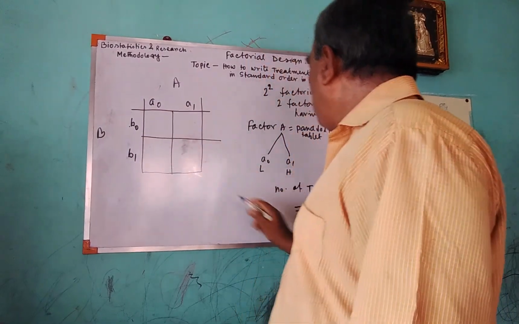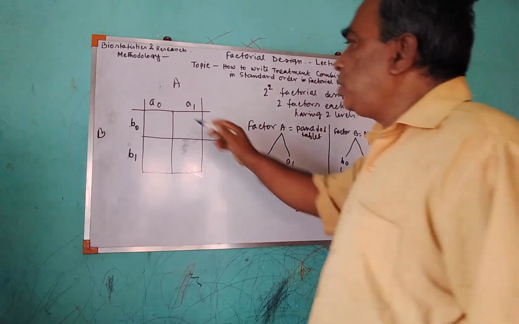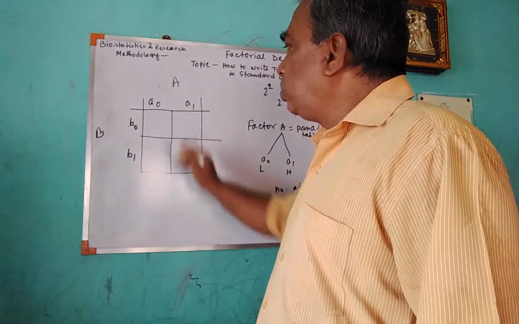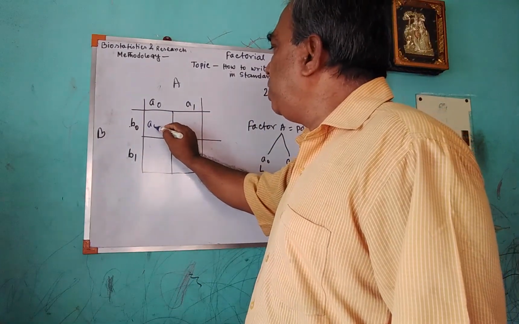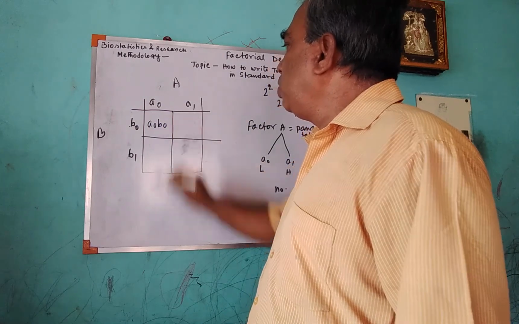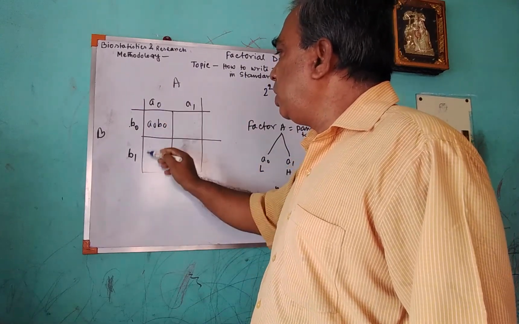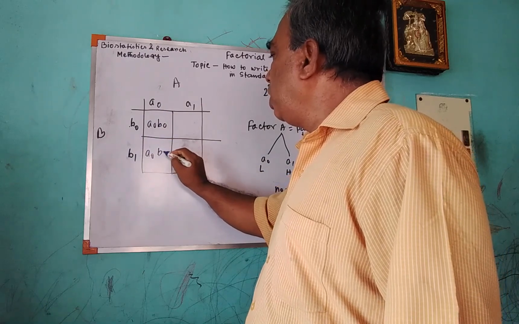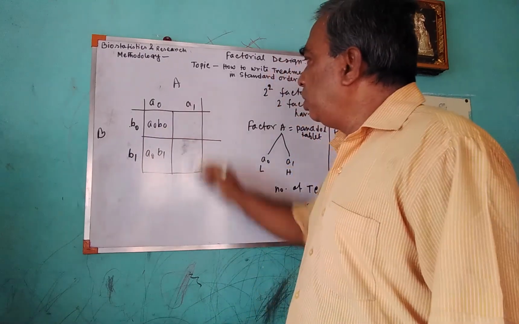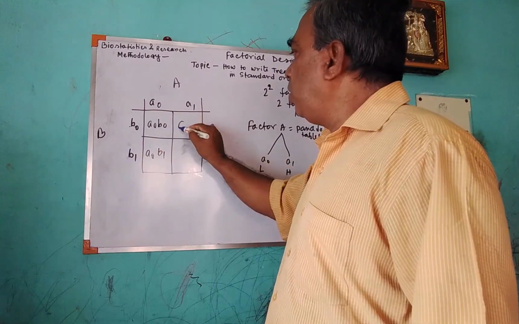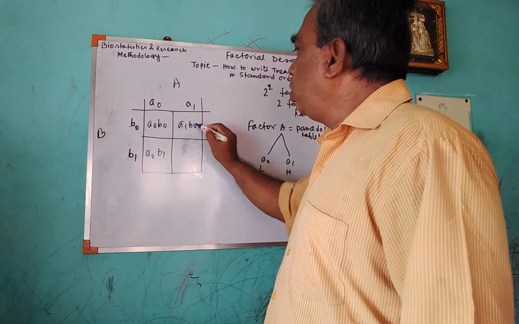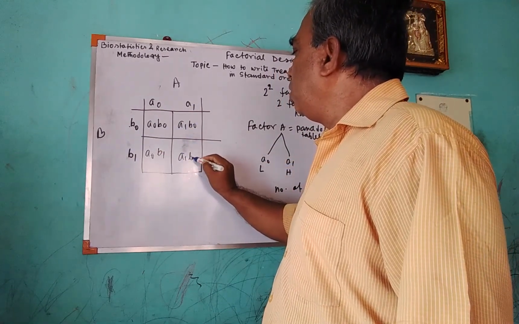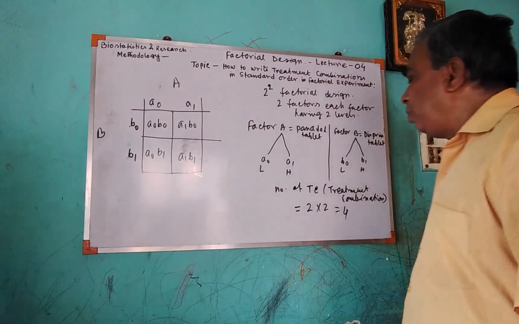So how many treatment combinations? That is 4. Combining the levels, we get A0 B0, A0 B1, A1 B0, and A1 B1. These are the 4 treatment combinations.